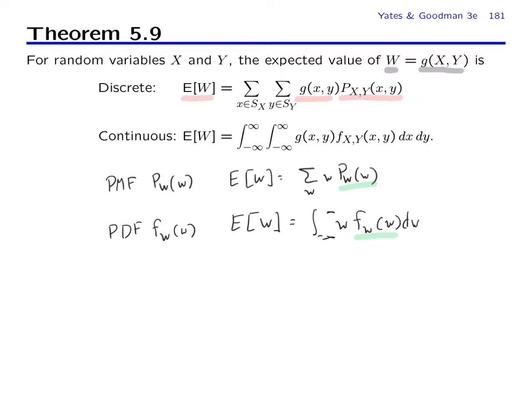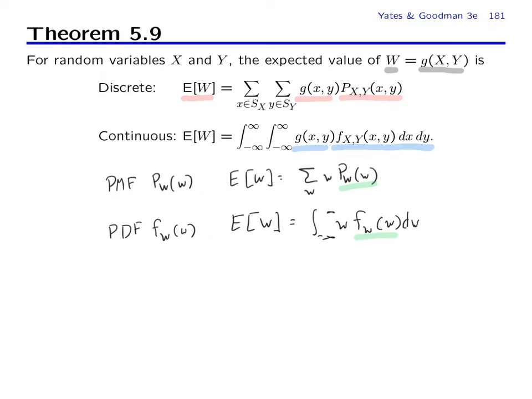And in the continuous case, you have exactly the analogous thing. You take the function g of x, y for every x, y, and you average it over the possible values of X and Y. And this averaging then occurs in a continuous way, where the PDF times dx dy is the probability random variables X and Y are around little x and little y.